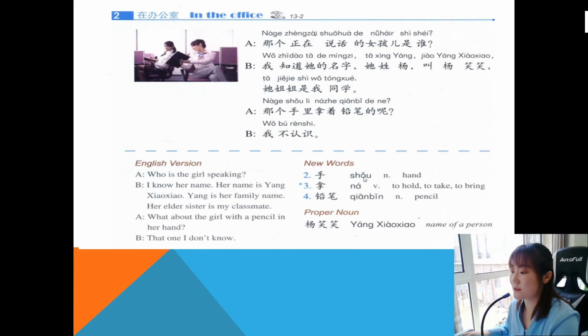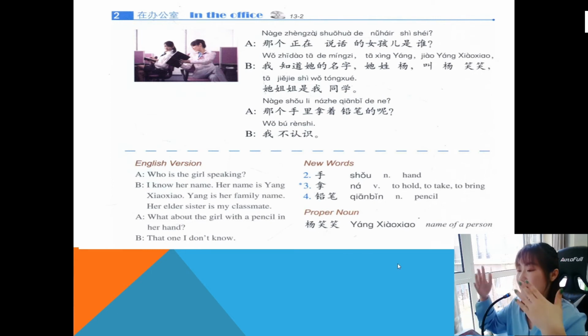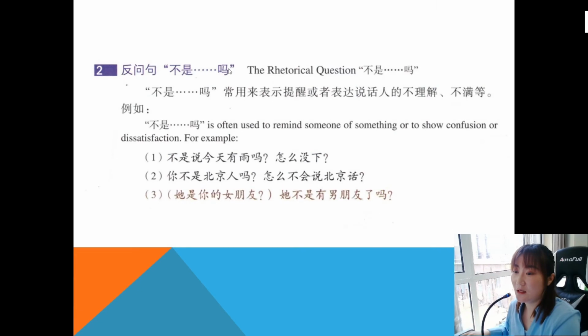So new words first, 手 hand, 拿 to hold, to take, to bring. 铅笔 pencil, 杨笑笑, 笑 means smile, right? 笑笑 is a reduplicated word, right? So it's a good name, meaning always smiling. Okay. So here a rhetorical question, 不是吗?